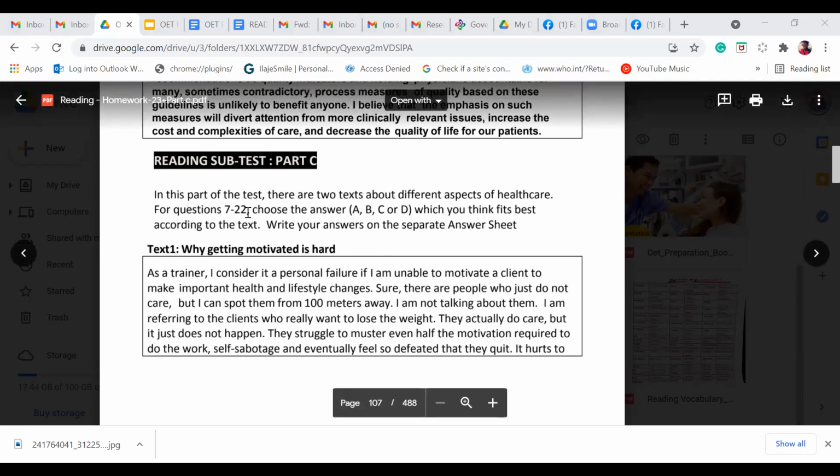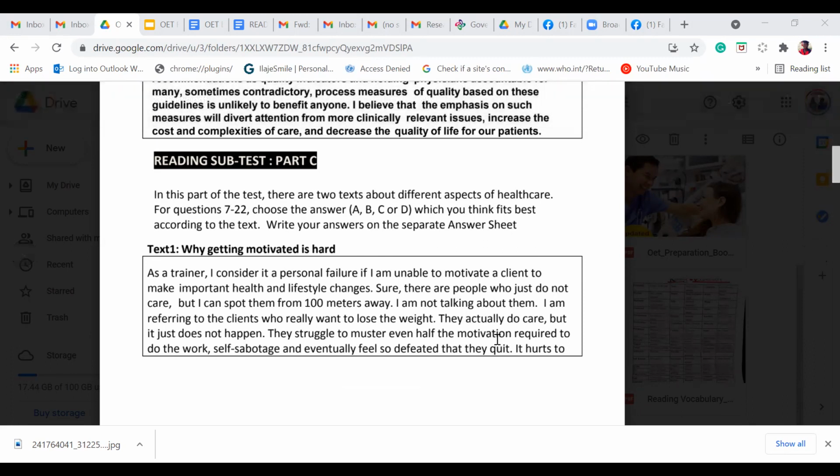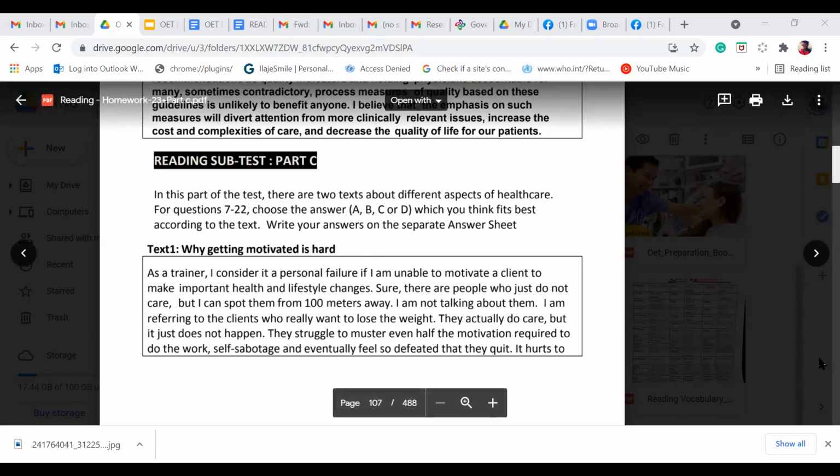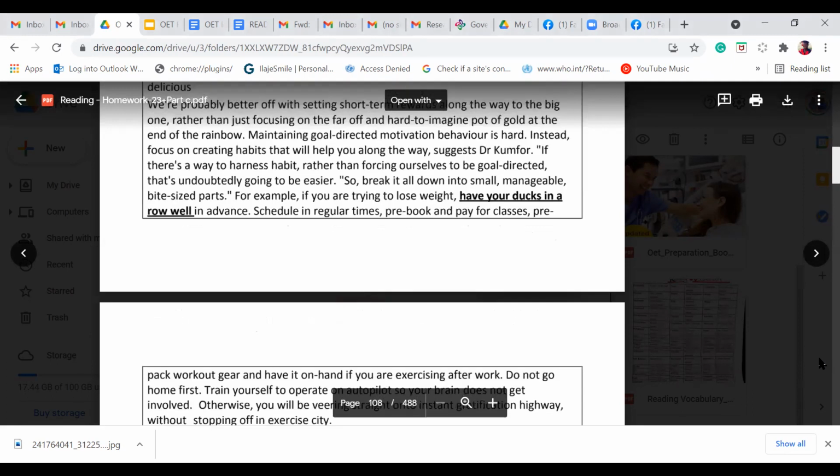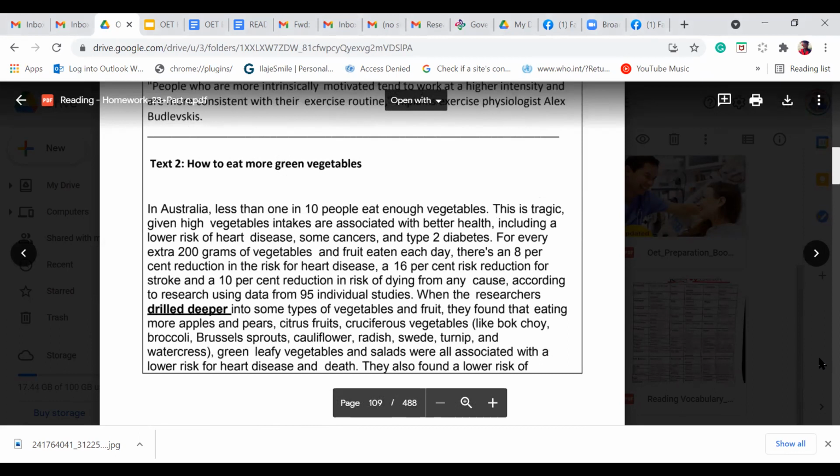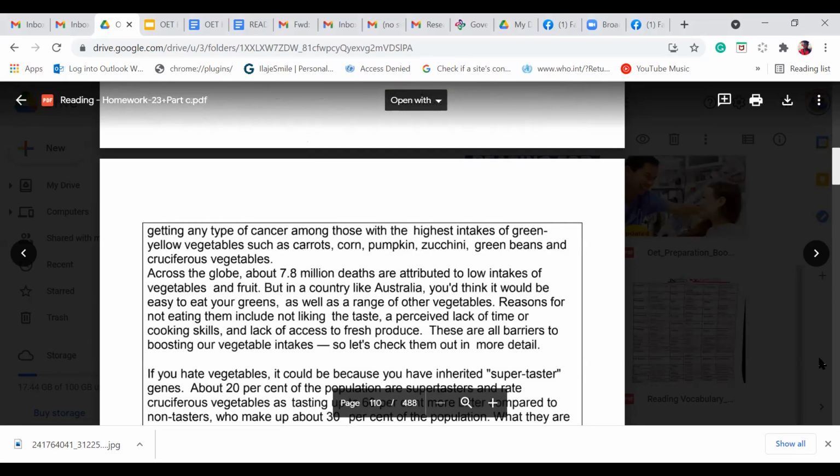For questions 7 to 22, choose the answer A, B, C, or D. If you look at this now, text one says why getting motivated is hard. So what should you do first? There are two strategies: you can use the QTA or the QAT. Read the question, go to the text. I kind of prefer the QTA: read the question, go to the text, and then get the answer.